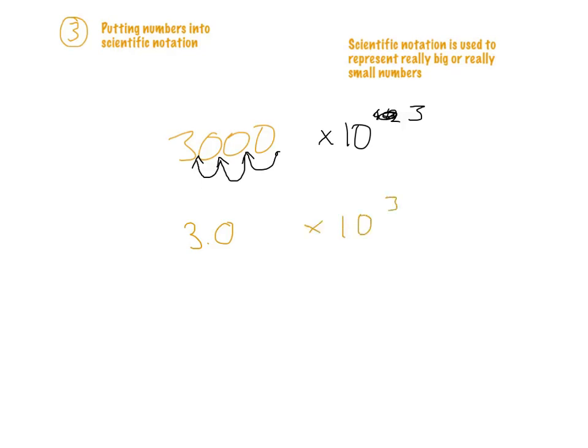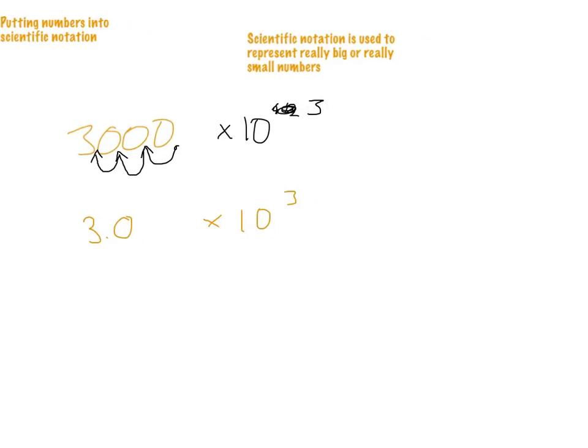Is this in scientific notation? Yeah, this number is greater than or equal to 1, but it's also less than 10. Good. Times 10 to the positive 3. That's a perfectly legitimate answer, and it's the correct answer. So what are we seeing here? Well, we're seeing a larger number, a number that is greater than 10, being represented by a smaller number, right?